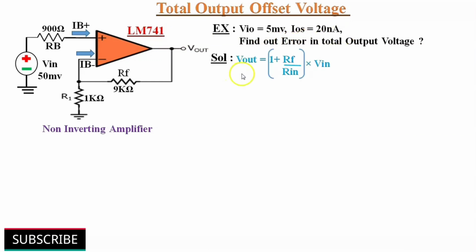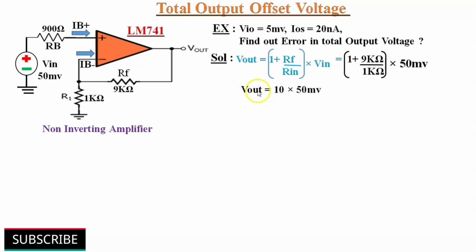Solution for this: first we will find out the output voltage without any error. Formula for output voltage Vout is equal to non-inverting gain into Vin. Non-inverting gain is equal to 1 plus RF by Rin. Let's insert the values in this formula: (1 plus 9 kilo ohm divided by 1 kilo ohm) into 50 millivolt.